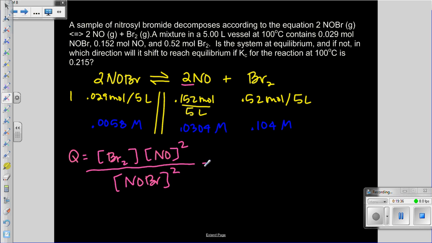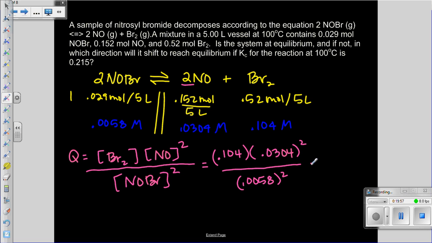So there's our expression. I'm going to substitute. My bromine is 0.104. My nitrogen monoxide is 0.0304. That will be squared. My nitrosyl bromide is 0.0058. That will also be squared. And then what I'm going to do is do my math.